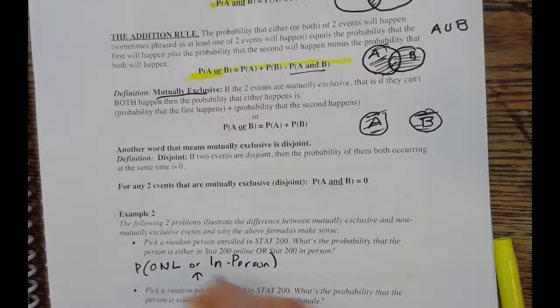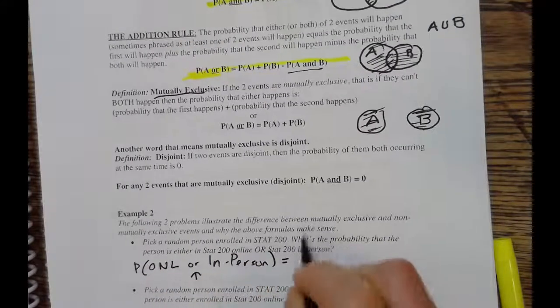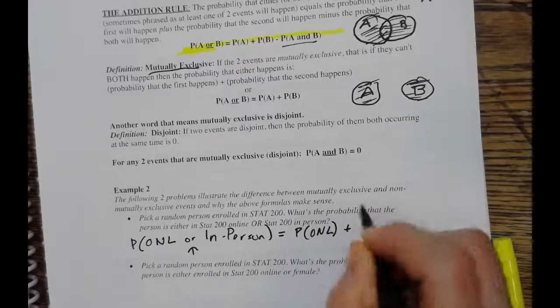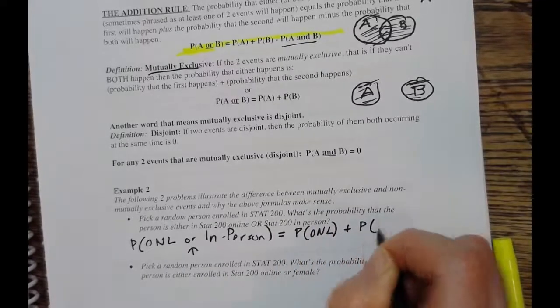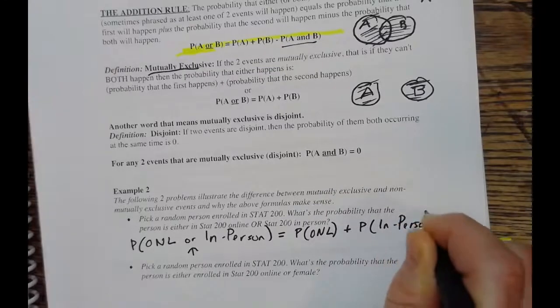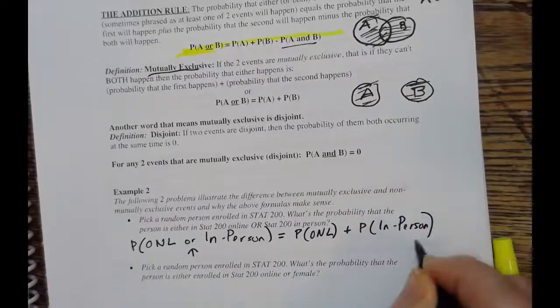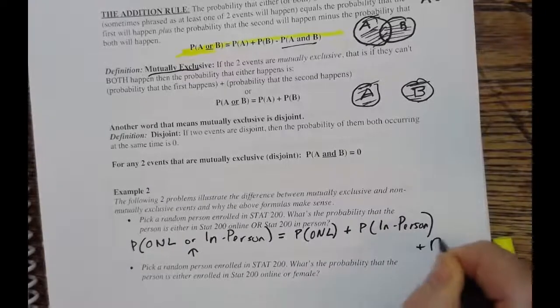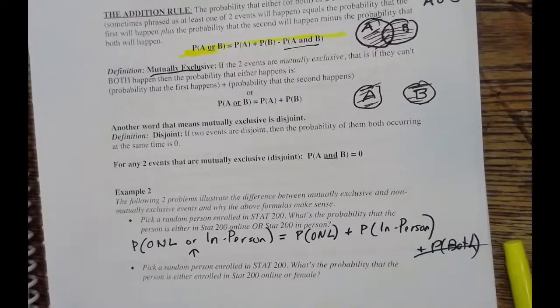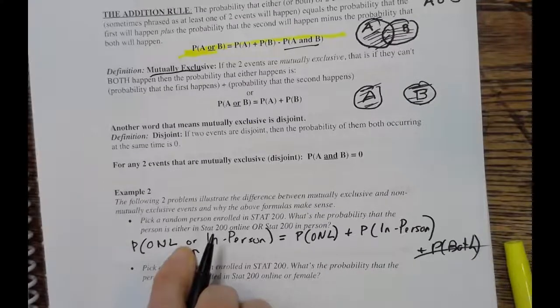So the or means we add, and that's the probability of online plus the probability of in person. You could add plus both, but that's the null set. There's nobody in both. So these are mutually exclusive, okay?